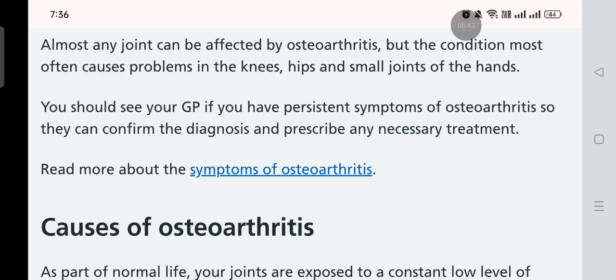You should see your GP if you have persistent symptoms of osteoarthritis so they can confirm the diagnosis and prescribe any necessary treatment.